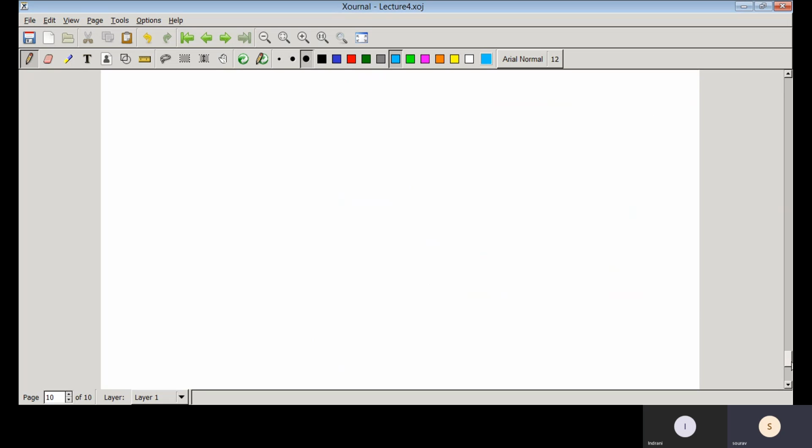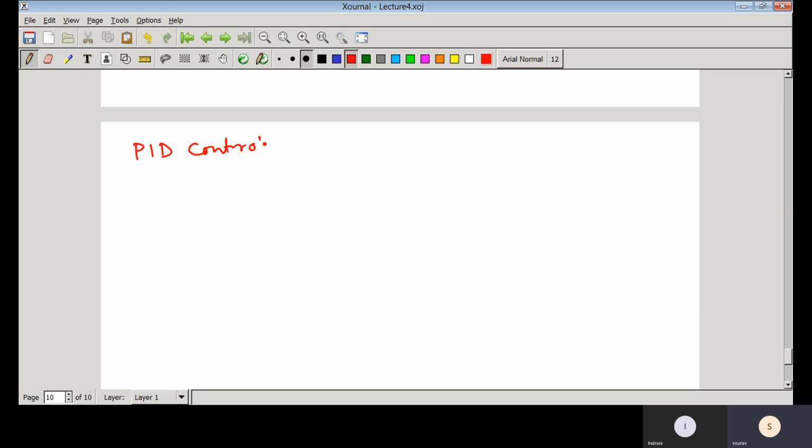PID control. PID stands for proportional, integral, and derivative, as I have already mentioned.